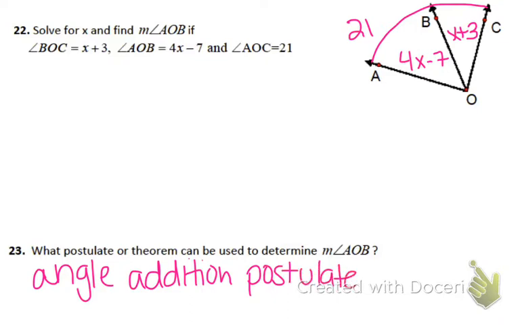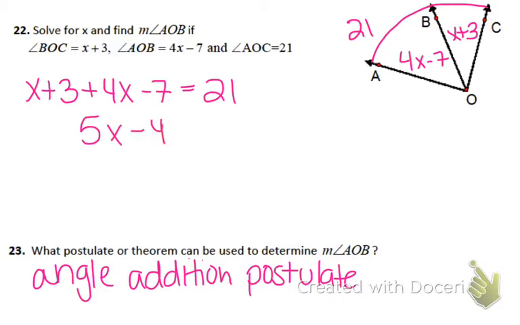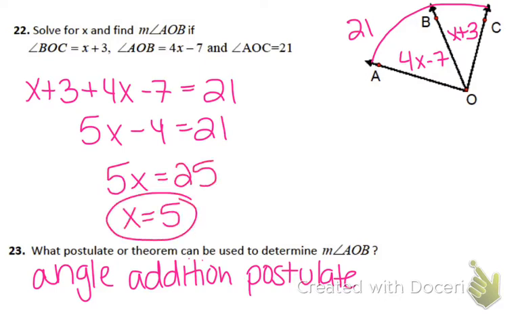So now let's actually solve for x and angle AOB. So I can set up my equation. So x plus 3 plus 4x minus 7 equals 21. Combine like terms, that's 5x minus 4 equals 21. Add 4, so I get 5x equals 25. Divide by 5, and we get x equals 5.